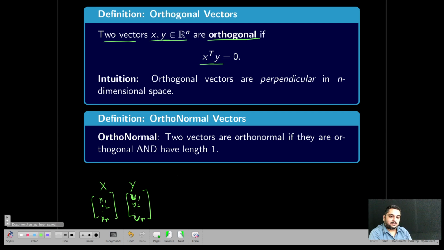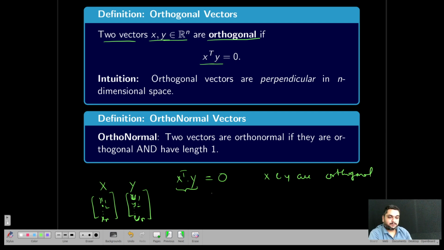If I take x transpose and multiply with vector y, I should get the result as 0. The dot product of these two vectors should be equal to 0. Then we say that x and y are orthogonal.